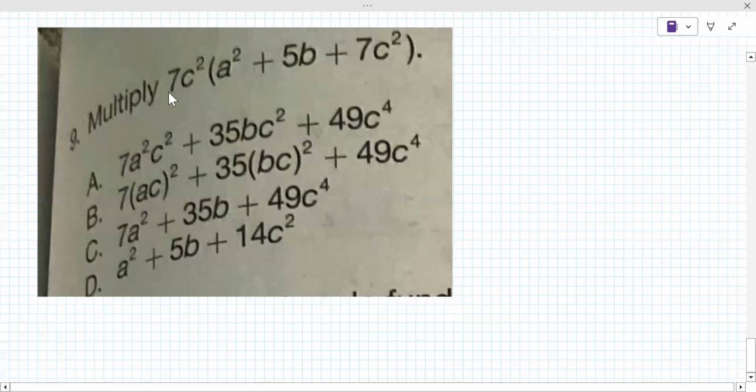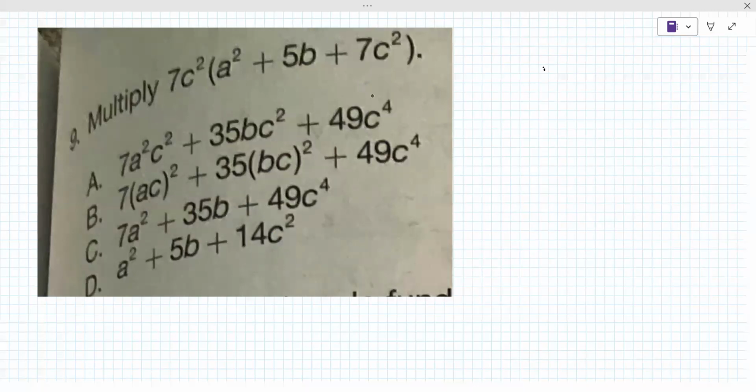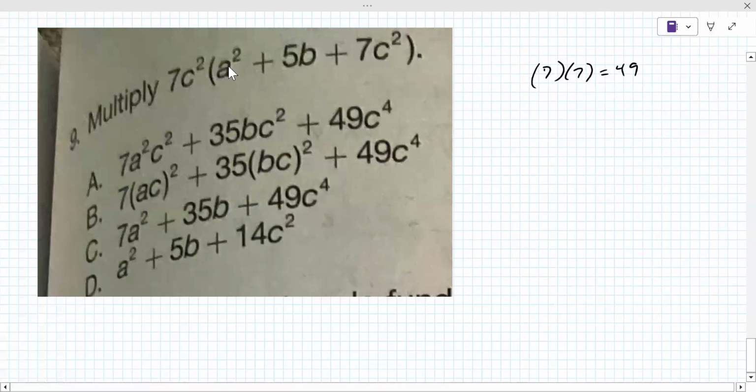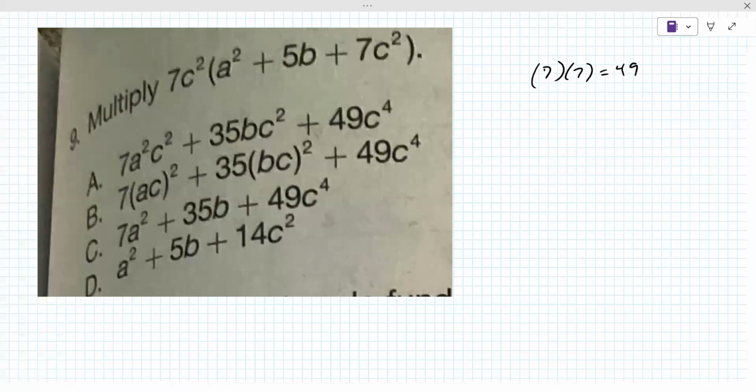When you look ahead to 7 times 7, what is 7 times 7? 49. Oh, never mind. I thought you were saying plus. Sorry, yeah, you're multiplying. If that helps, I'd recommend doing it. But for this problem, you do have to actually sit here and multiply each of these.